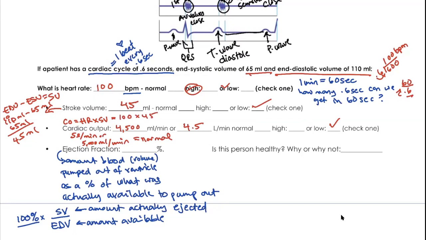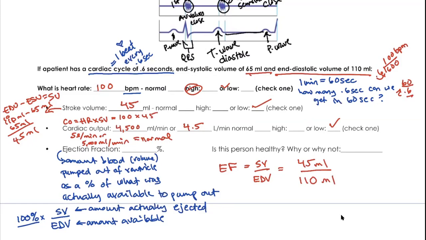So what does that mean for their ejection fraction? Again, ejection fraction is equal to stroke volume, how much was ejected, divided by how much was available. And we know the stroke volume now is 45 mLs, and diastolic volume was 110 mLs.